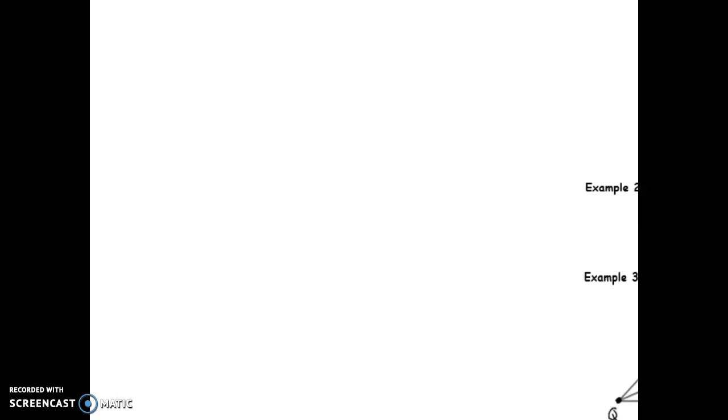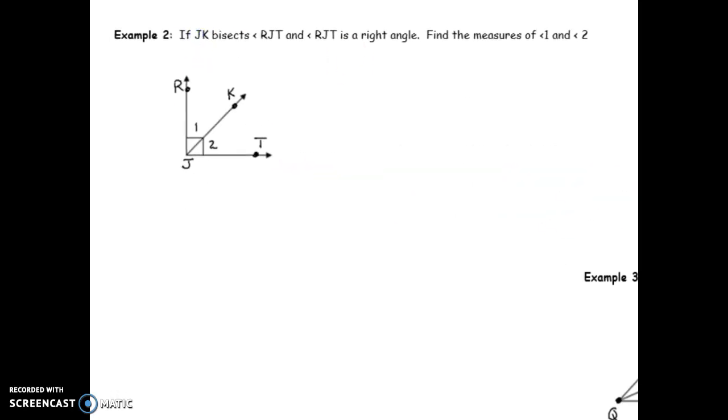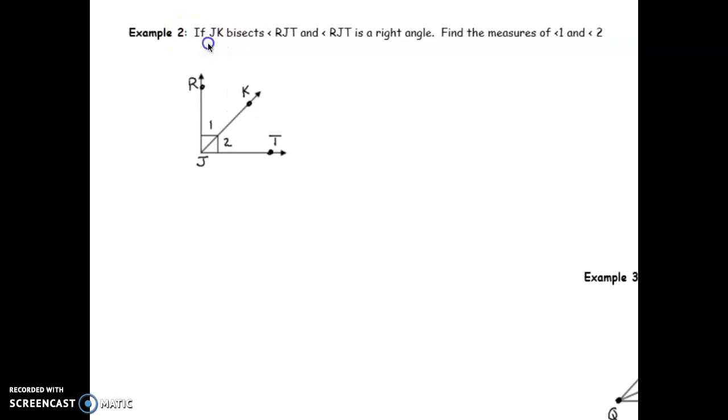All right, let's take a look at another example, example 2, something very similar. In this picture, it says if JK bisects RJT. So JK is my bisector of my angle RJT. So here is my RJT angle.